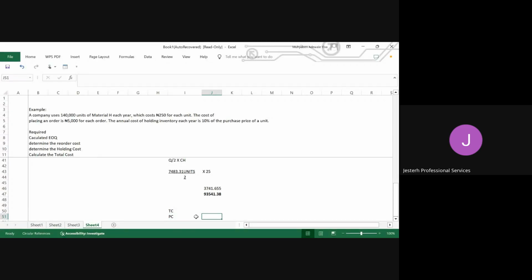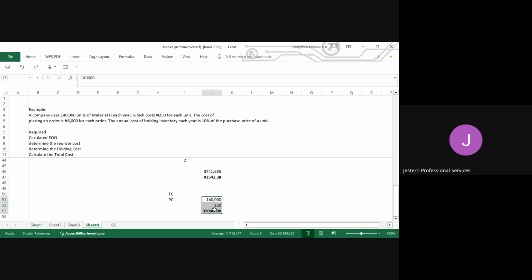Remember, the total units that the organization planned for the year is 140,000 units at the rate of 250 naira. So we say the total units budgeted for the year multiplied by the purchase price per unit.